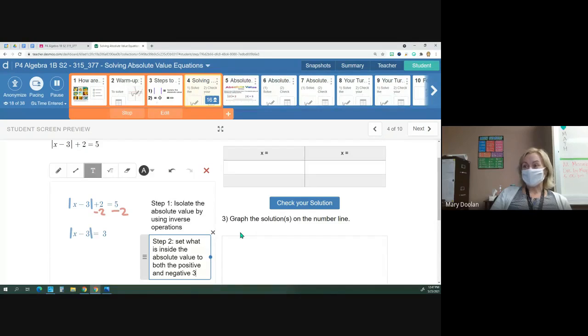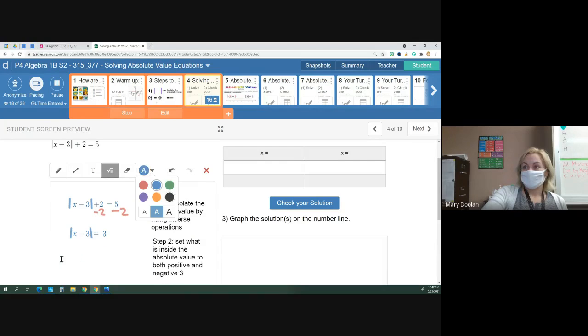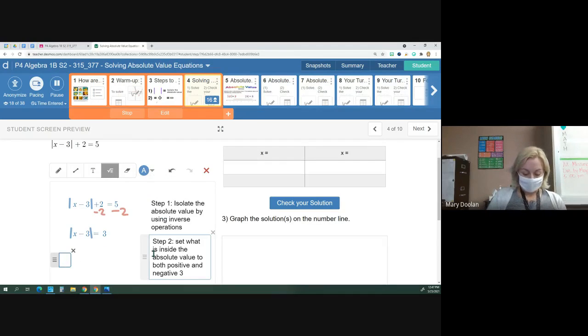Set what is inside the absolute value to both the positive and negative 3. All right, so one of our equations is, when we drop those absolute value bars, x minus 3 equals 3.